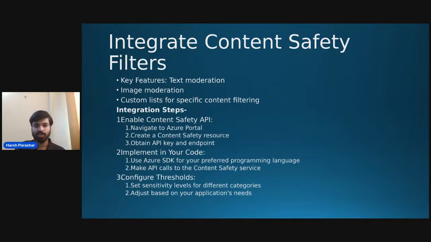And lastly, you have to configure your threshold for your sensitivity level for different categories, adjusting based on your application needs. Application needs, as stated at the beginning, depend on whether it is for a general audience, a business audience, an e-commerce audience, a school audience, a college audience, or any other teacher's audience. So you need to set your application needs.